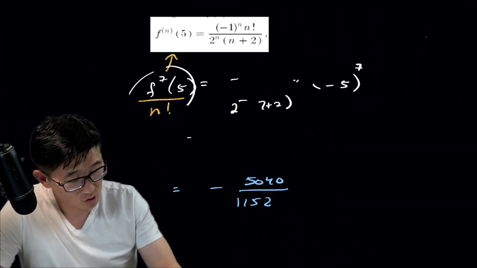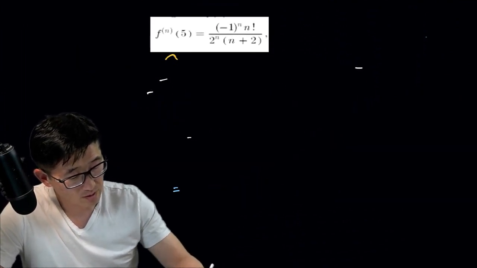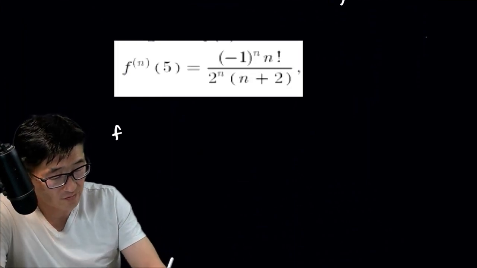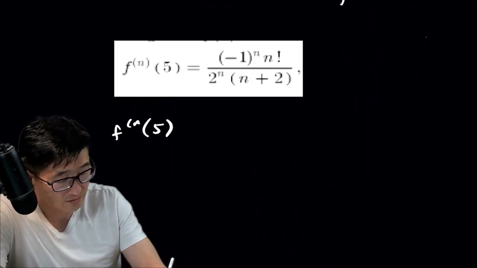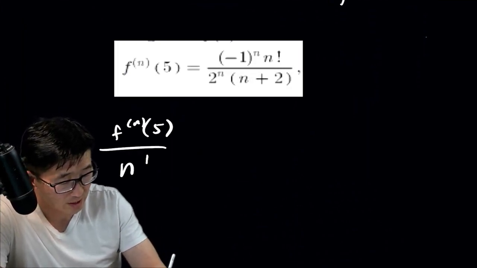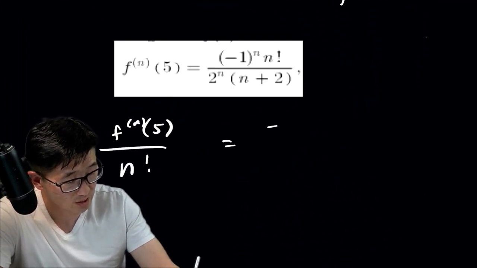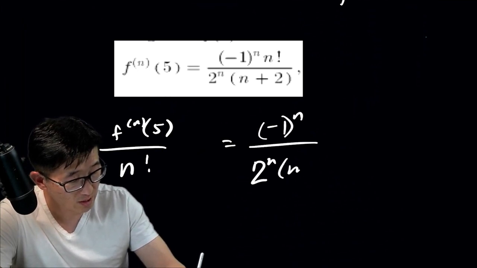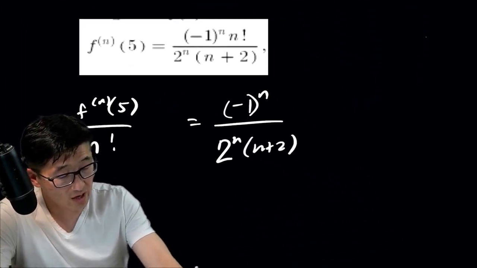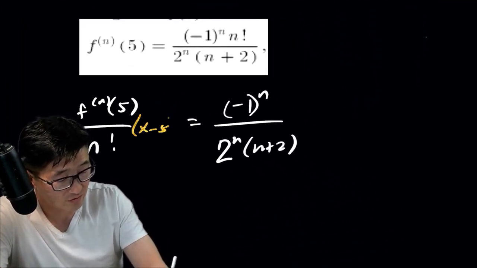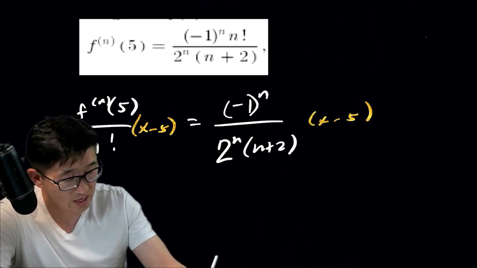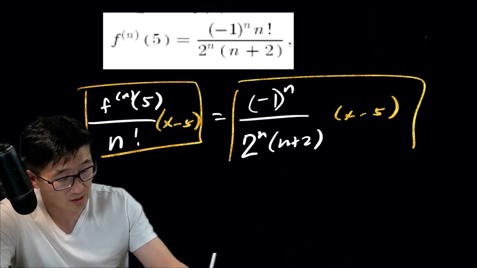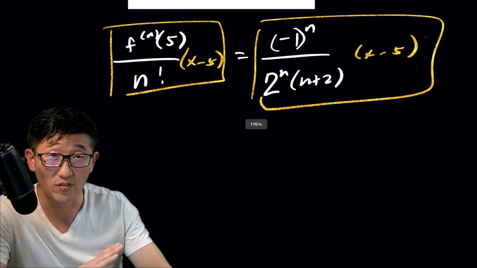And here, let me just start this over. Sorry about that. Okay, so f^n of 5, and we need to divide both sides by n factorial, and this would be negative 1 to the n over 2 to the n plus 2. Now we have to add on our center, x minus 5. So finding this is basically the same thing as finding that for our 7th term.